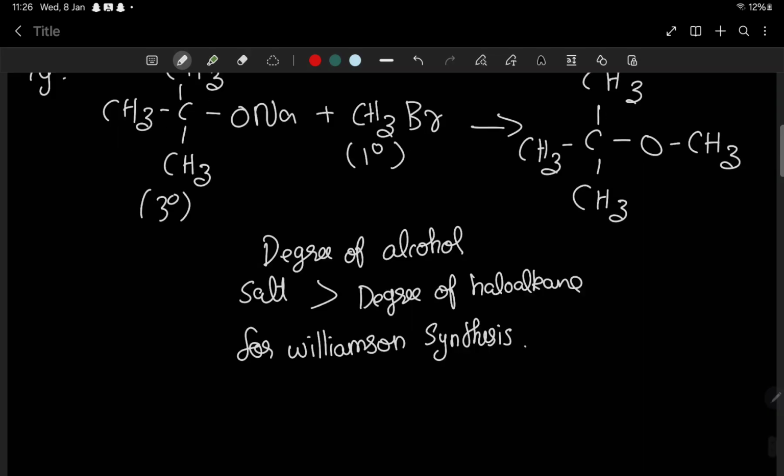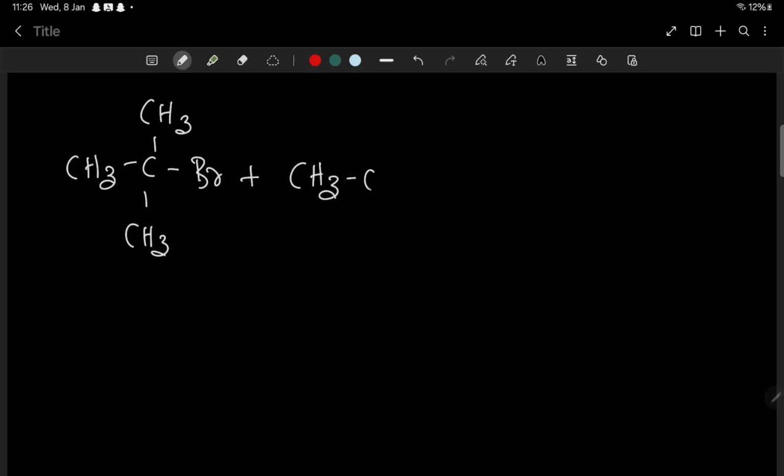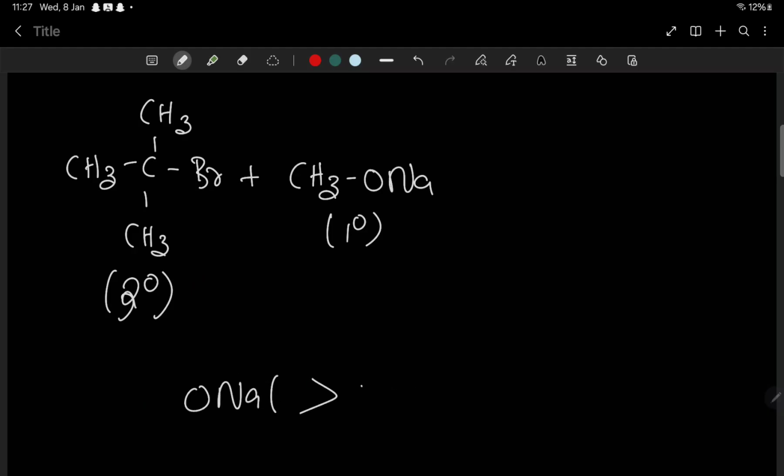But instead of this, if I took CH3 CH3 I, Br or anything, plus CH3ONa, here the salt of alcohol is primary and the alkyl halide is tertiary. I told you that the ONa degree should always be greater than the Br degree. Here it is the opposite way.